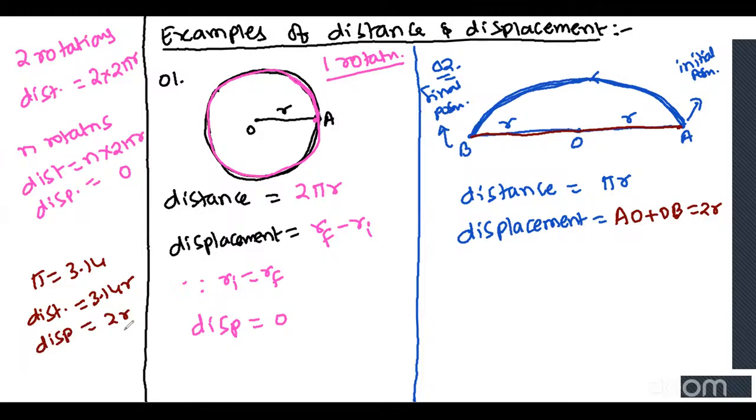Whatever be the value of R among distance and displacement, which is greater? Distance. Right? So in our definition of displacement, displacement it is the shortest distance, right? Is it fine?